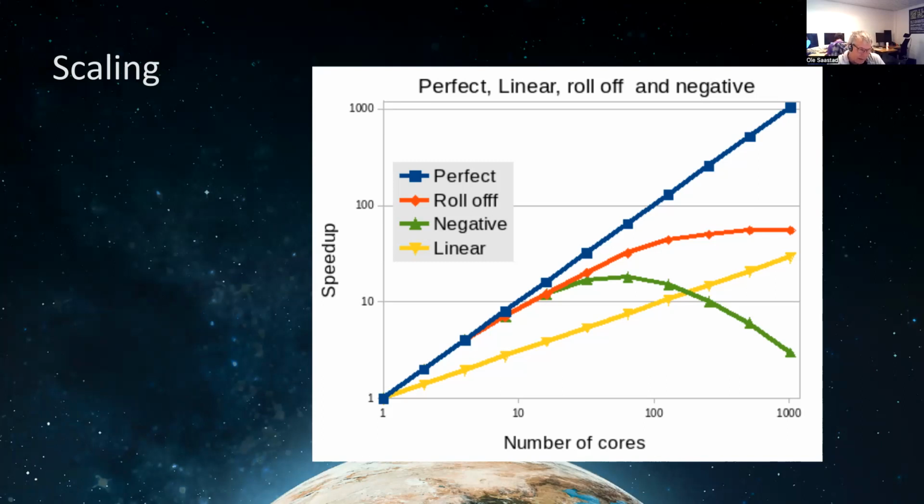If you are on the red line, you see that it doesn't matter how many cores you use here. You can use 10,000 cores, performance stays the same, which is bad for the others, but it's okay for you. If you are on the green one, it's bad for the others and it's bad for you, because the program actually slows down when you increase the number of cores.